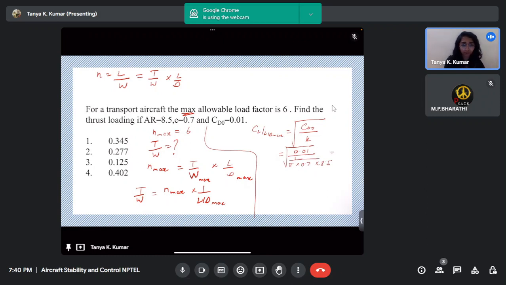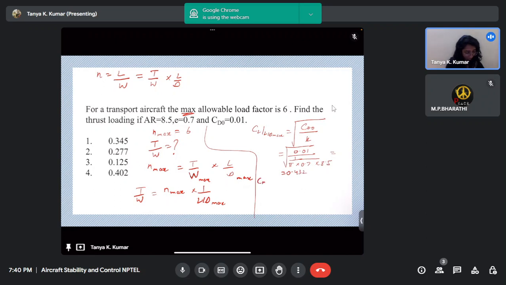I haven't calculated it, so let me try doing it. Getting 0.432.